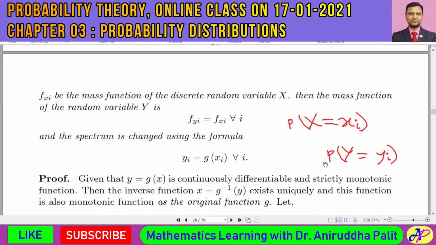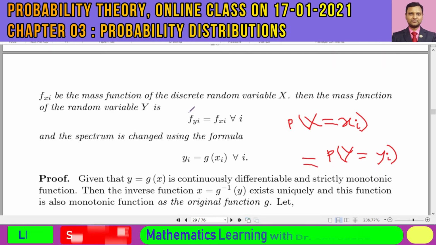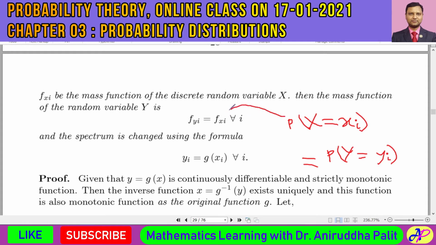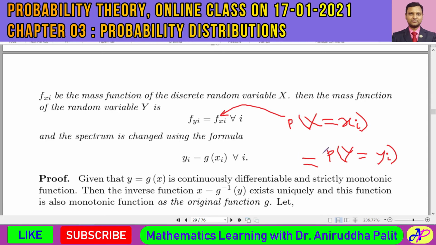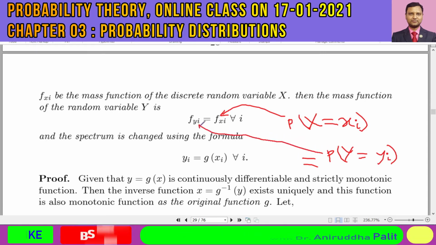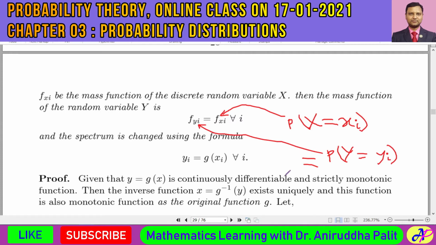We can say simply that the probability that x is equal to xi is equal to the probability that y is equal to yi, and that's why the probability of x equal to xi gives us the probability mass function of x, and the probability that y is equal to yi gives us the probability mass function of y.